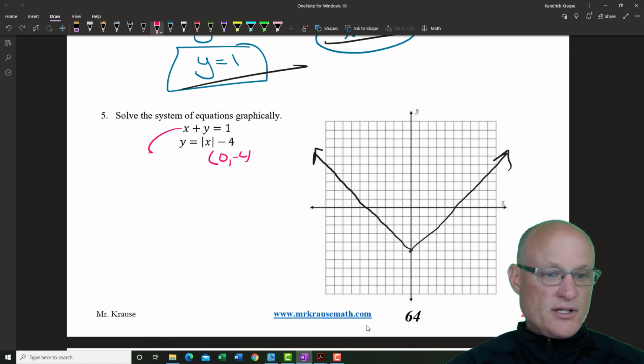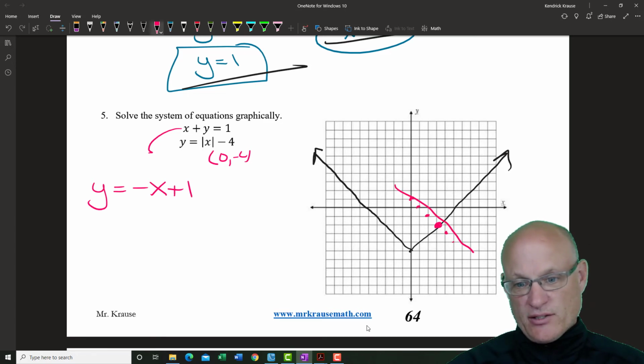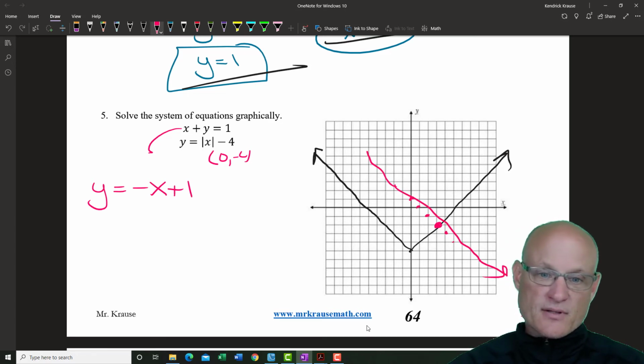This one, I'm going to bring the x over so I get y equals -x plus 1. And that's coming down like this. Yeah, that hit that point right there. And that graphs it like this. My goodness, I can't do that. So my point of intersection is this point, which is 1, 2, 3, -2.